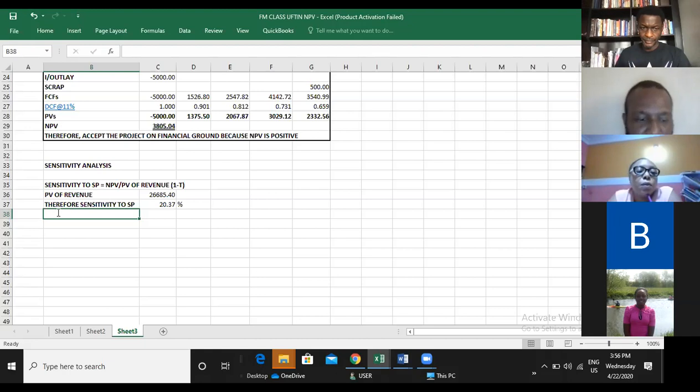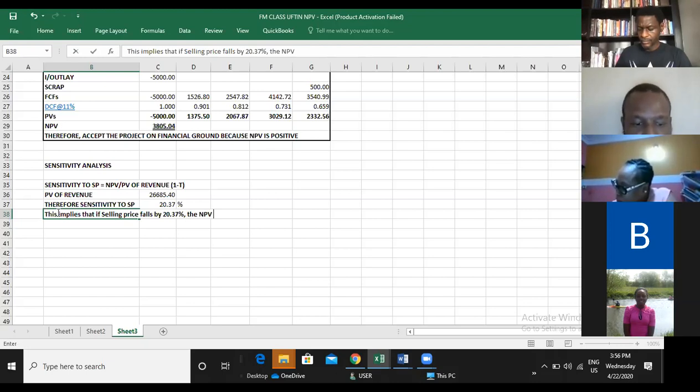This implies that if the selling price falls by 20.37%, the net present value of the project would become 0.